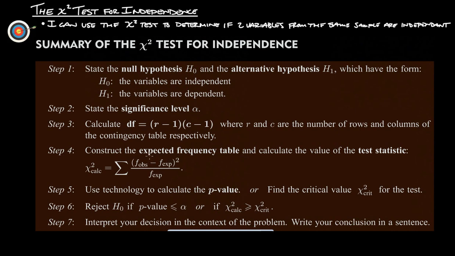I'm going to show you how to do the expected frequency table by hand, and also your graphing calculator will do it for you as well. Use technology to calculate the p-value, and then reject or accept H0 and interpret your decision. So again, very similar to what we've been doing.